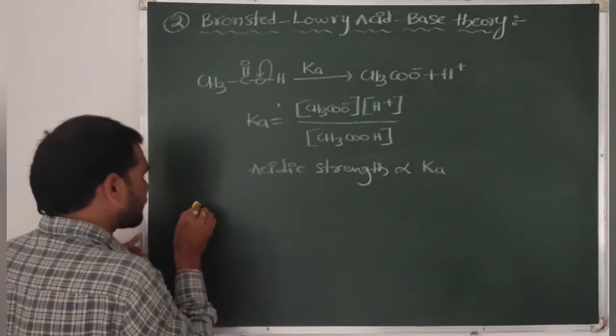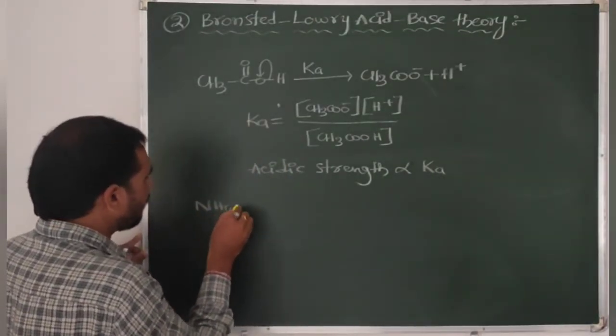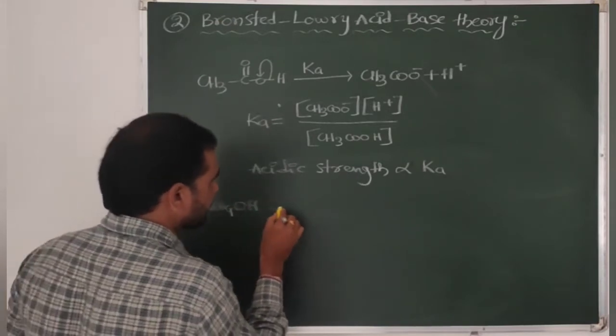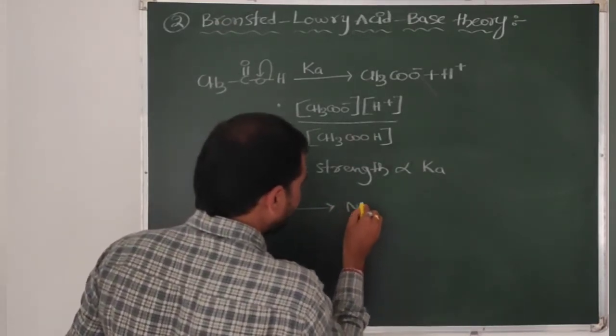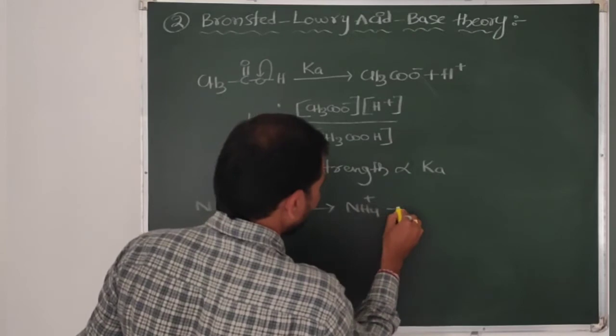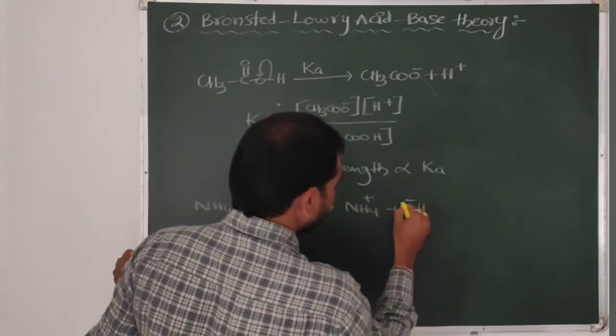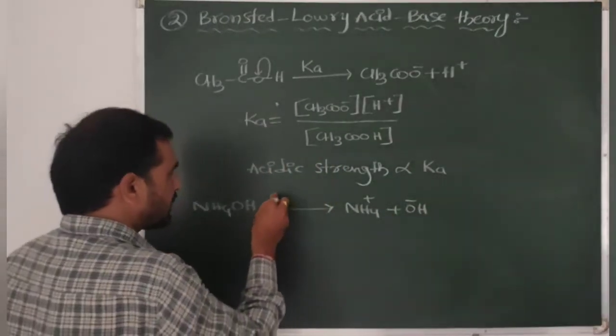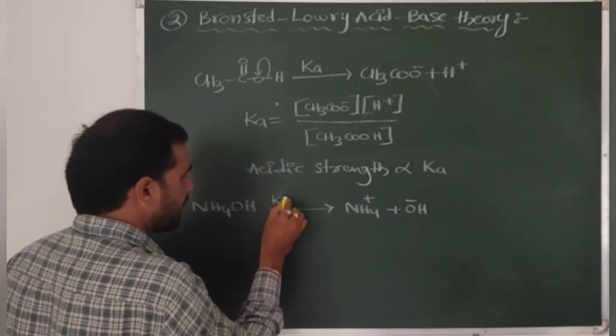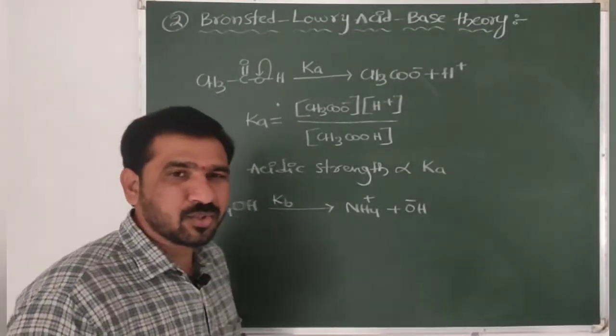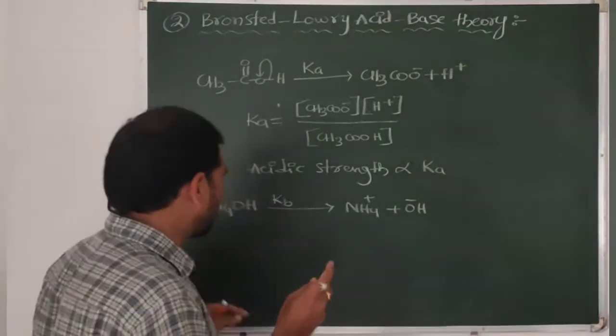Let me take one example. NH4OH, ammonium hydroxide, dissociates as NH4 plus and OH minus. Is it clear? So this constant is called Kb. Kb means what, beta? Dissociation constant of base.